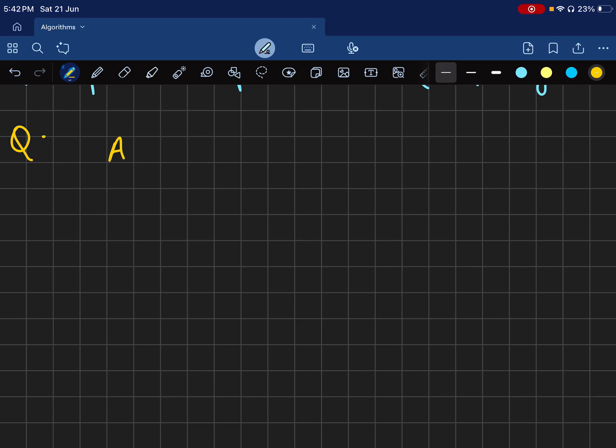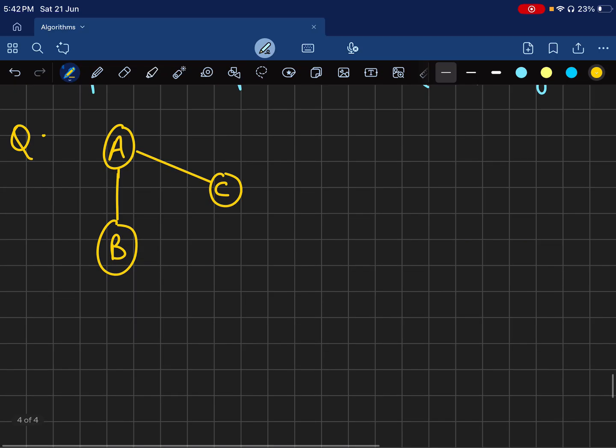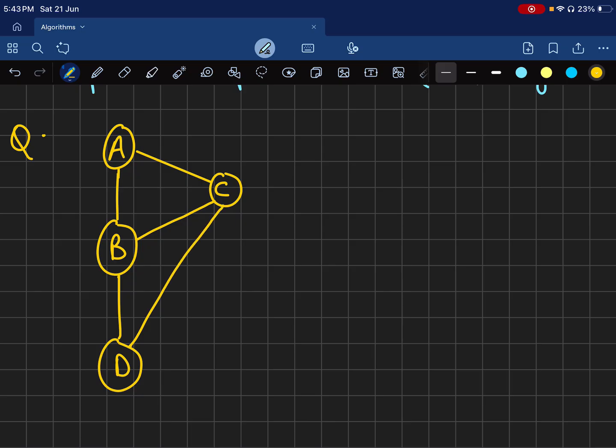Okay, so A to B, then A to C, then B to C, then B to D, then C to D, and then C to E, and then D to E. And the edge lengths are also the same.